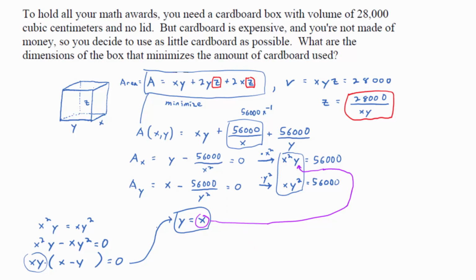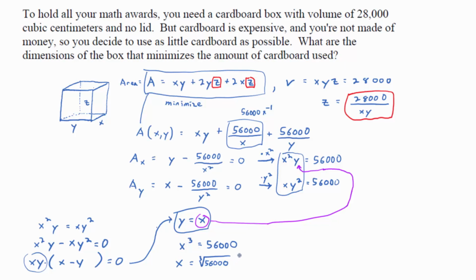What would that give me? x cubed equals 56,000. Does everybody buy that? So x would equal the cube root of 56,000. And what does that turn out to be?